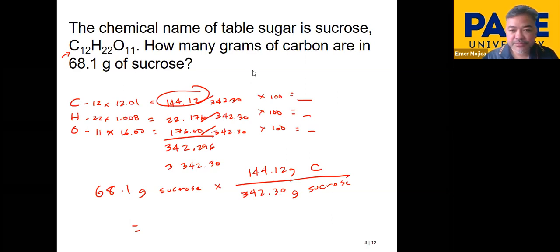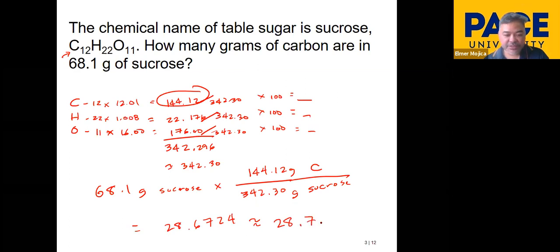Anyone? This is what I get: 28.6724, which I can round up to how many significant figures? 1, 2, 3. So 28.7 grams of carbon.